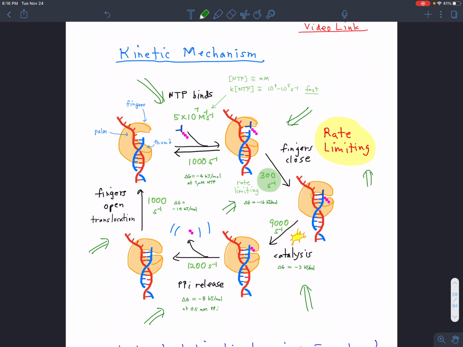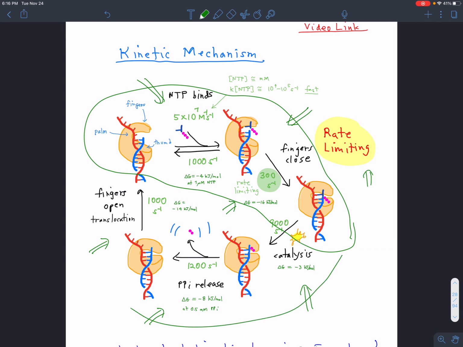I pointed that out before, but now we can see more clearly that what that means is that this part of the mechanism right here is the part that really controls the overall rate of reaction. After that, the steps are so fast that they really don't change the amount of time it takes to get around the whole cycle.